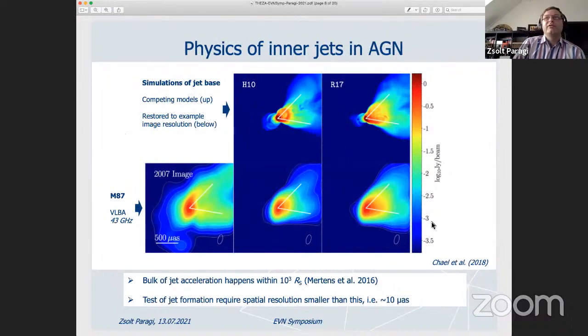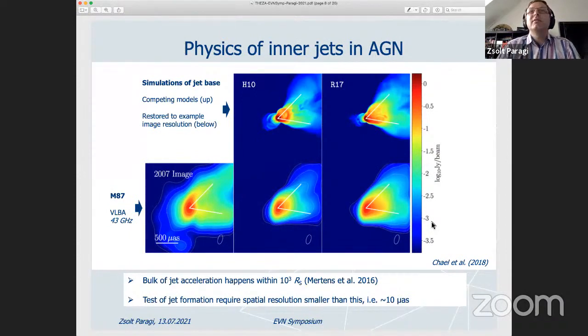And beyond that, of course, you could study the inner jets of AGN, and in particular that few hundred to 1,000 Schwarzschild radii, that is very important in jet collimation and acceleration, because the bulk of the jet acceleration happens at these scales. But to study these scales, you need a resolution that is finer than this, and that requires about 10 microarcsecond resolution.